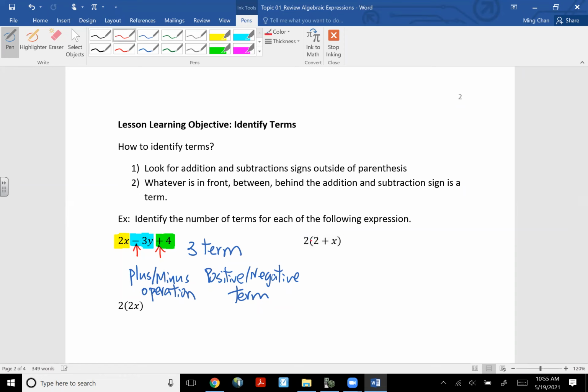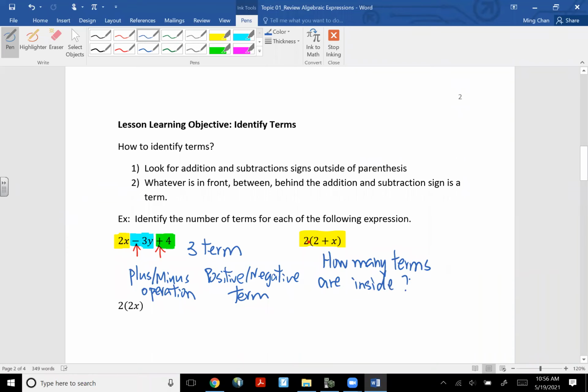What's between the 2 and the parenthesis is a multiplication. So technically, this problem is only one term. But it's different if you were asked how many terms are actually inside the parenthesis.